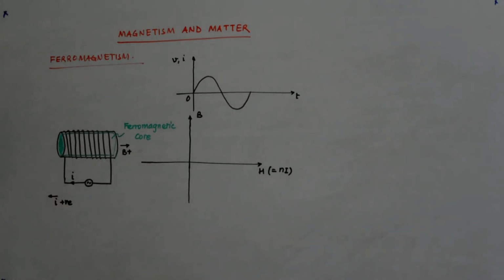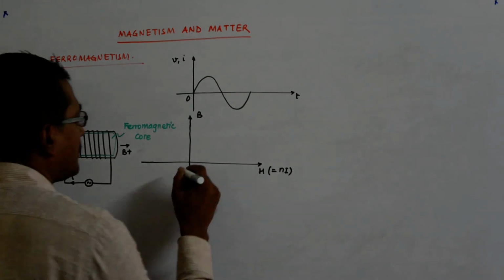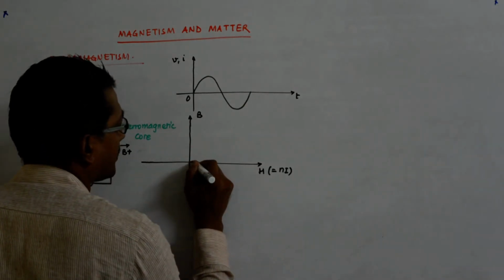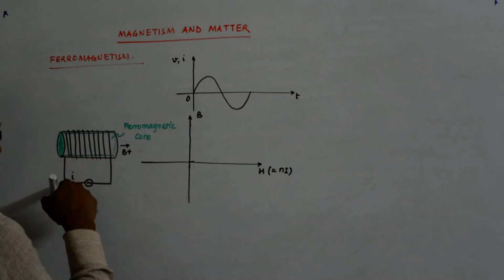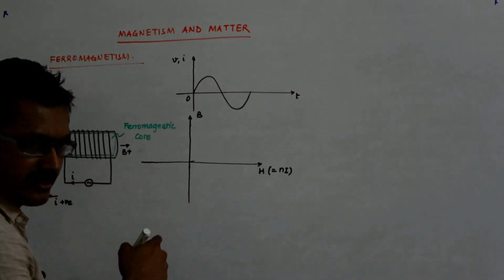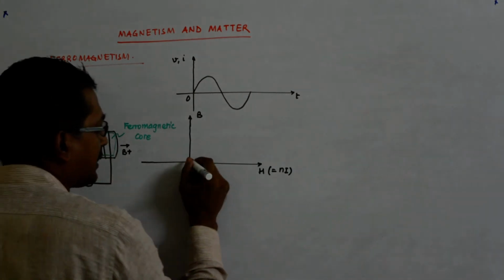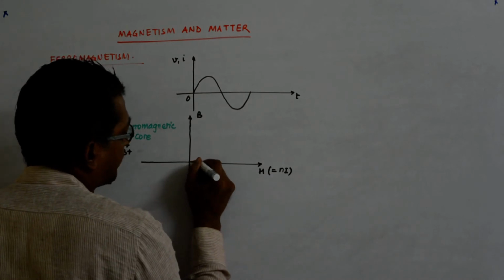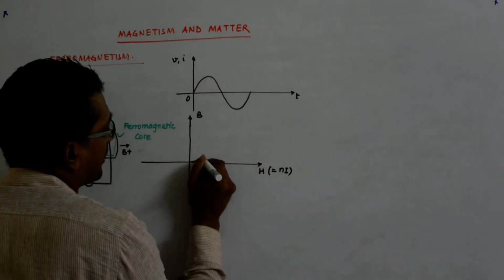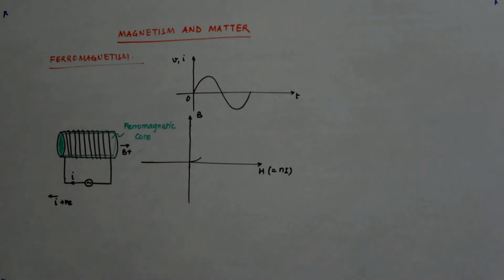Now what happens is, when you start increasing the current, initially the field does not start increasing linearly, so there is a curve kind of thing, okay?